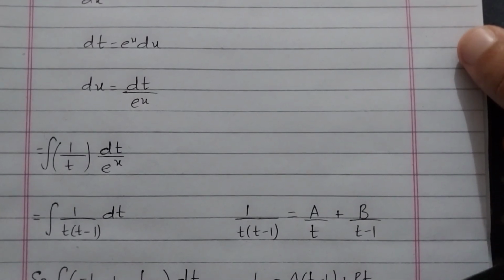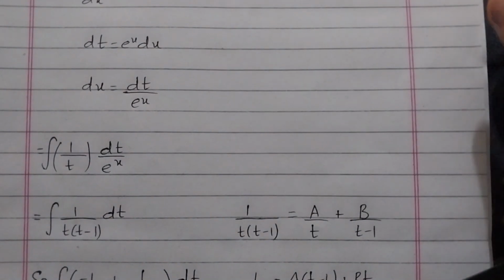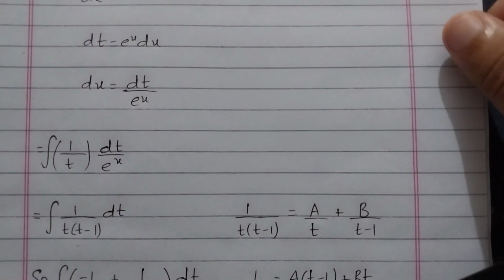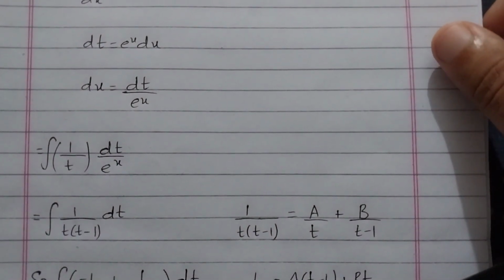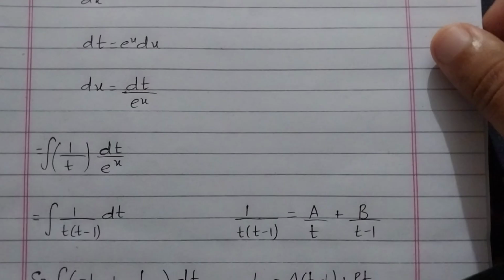We can see that in the denominator we have two linear factors. Linear meaning the highest power of variable is 1 in them. So t minus 1 is linear because t has power equal to 1, and similarly t is also linear.